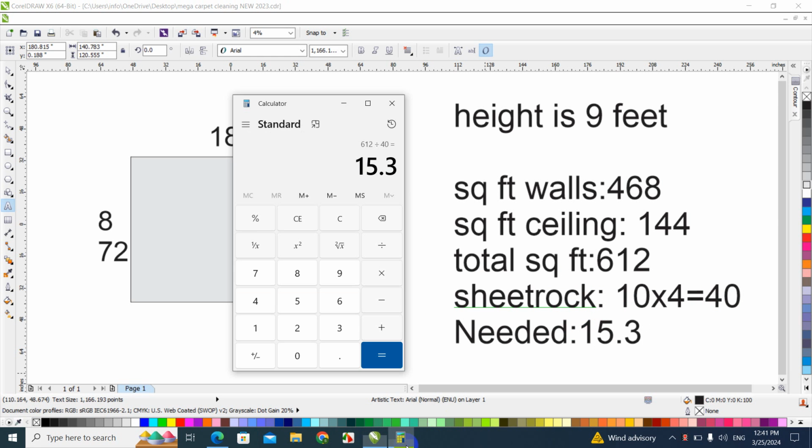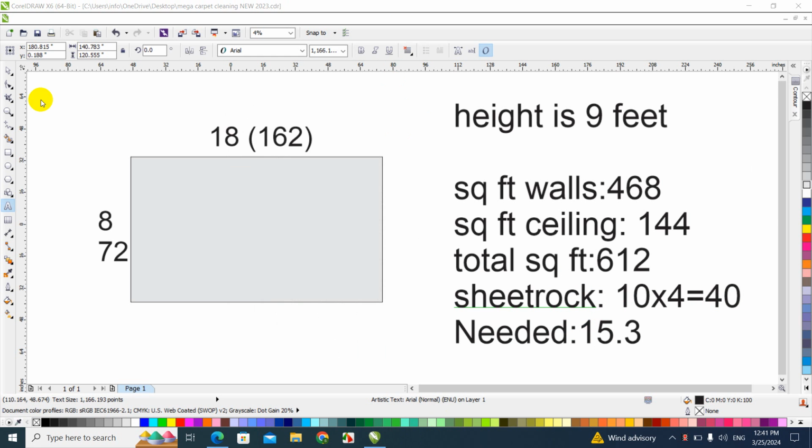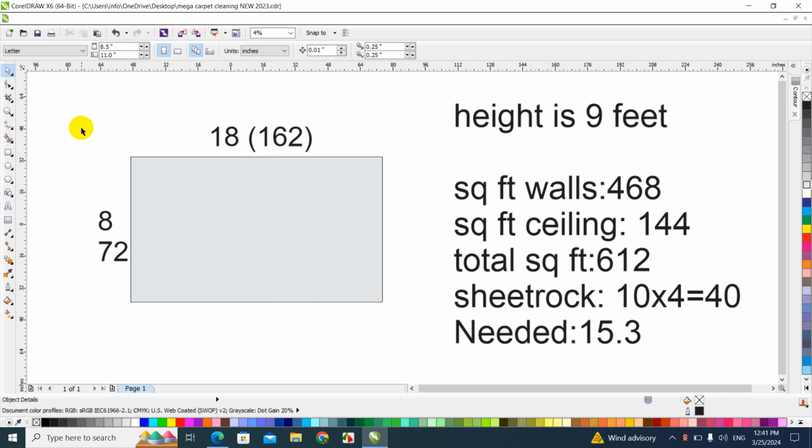Now we got all the measurements that we wanted, and you saw how long it took us. You can be faster. Some people can tell just by looking at the wall, but you have to have a lot of years of experience. I've seen guys doing that, but they're not always accurate. So it's better when you do calculation, and math will never fail you.